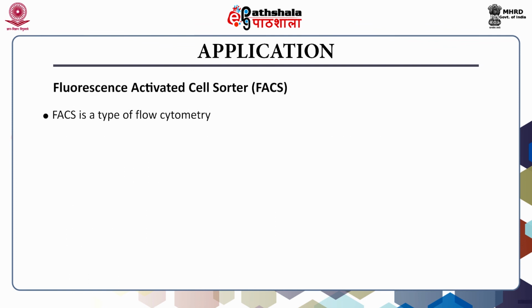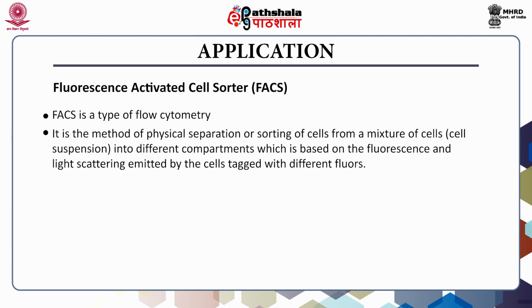Fluorescence activated cell sorter is a type of flow cytometry. It is the method of physical separation or sorting of cells from a mixture of cells or cell suspension into different compartments, based on the fluorescence and light scattering emitted by the cells tagged with different fluors.